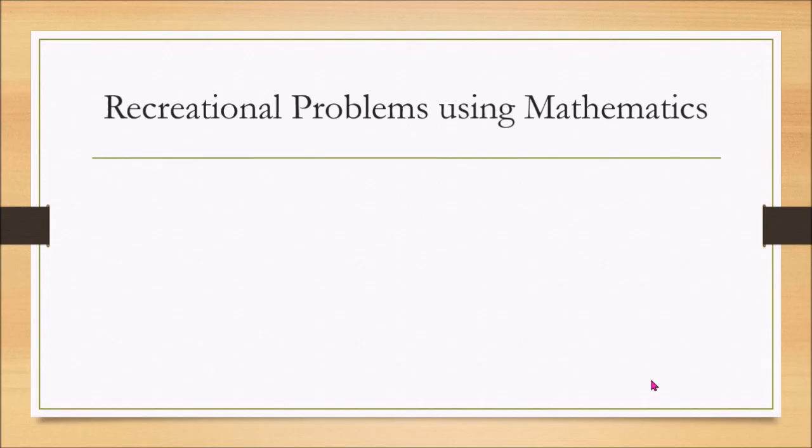We'll just talk a little bit about recreational problems, because recreational problems mostly involve puzzles, mathematical puzzles of numbers and sort of games. In ancient times, especially in China, they used this for games or recreation.